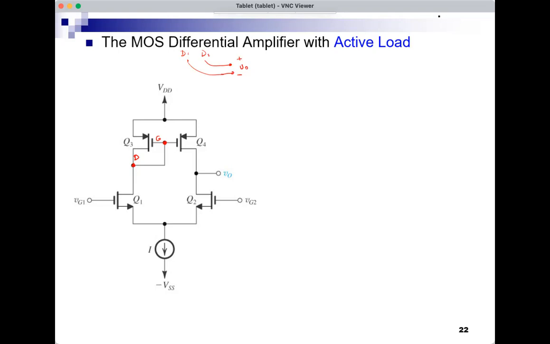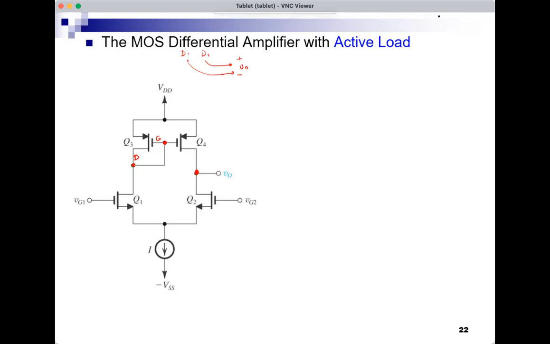This circuit actually allows us to take the output between the drain of Q2 and Q4 to ground and get the full GMRC, not half GMRC.